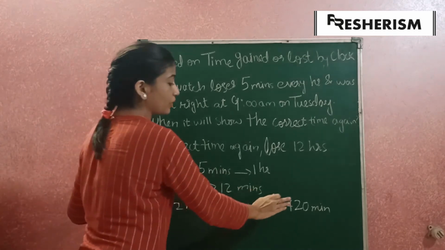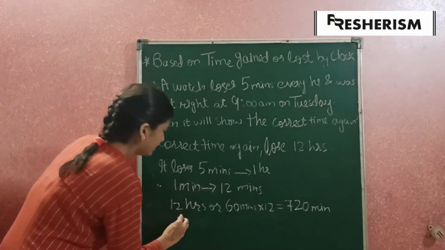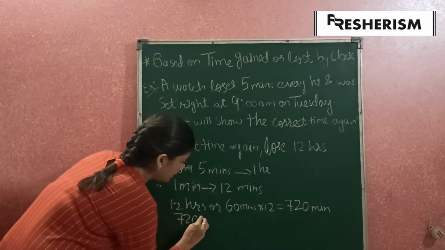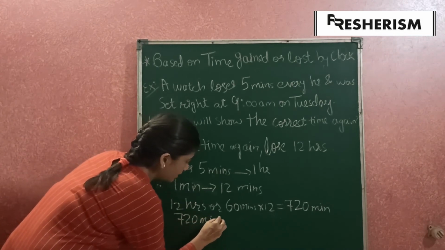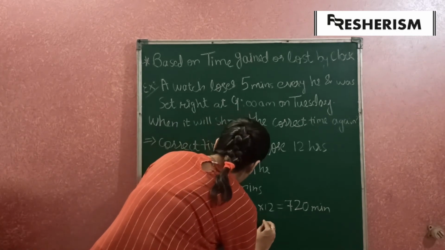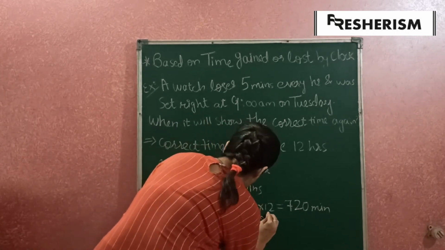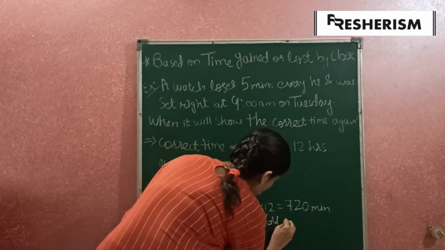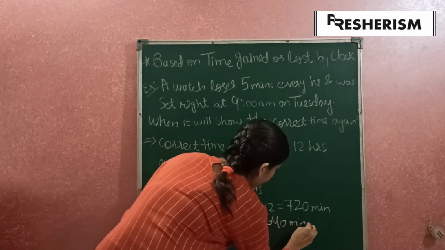Then 720 minutes into 12 equals 8640 minutes.